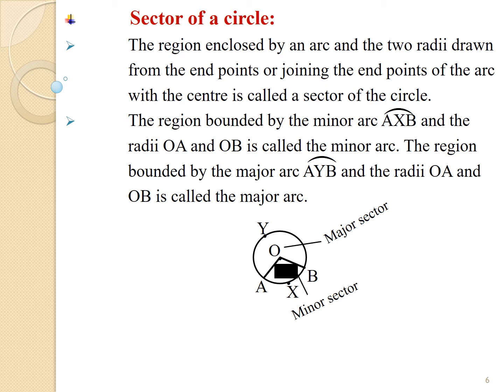The region bounded by the minor arc AXB and the radii OA and OB is called the minor sector. The region bounded by the major arc AYB and the radii OA and OB is called the major sector.